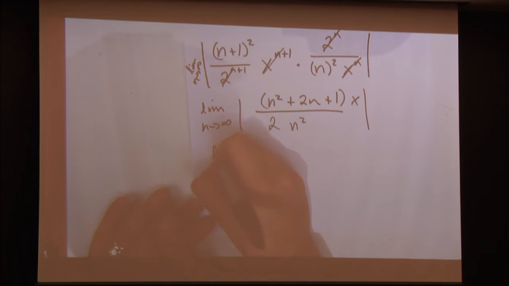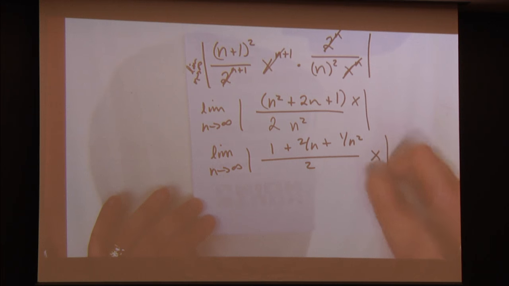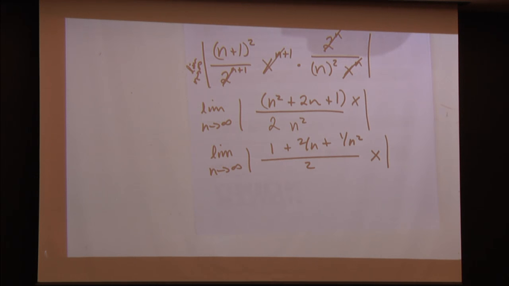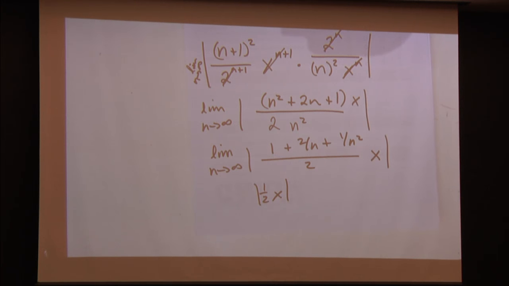And you end up with 1 plus 2 over n, 1 over n squared, over 2 times x. You put the infinity all the way through, you get 1/2 x. How do we know if a series is convergent with the ratio test?